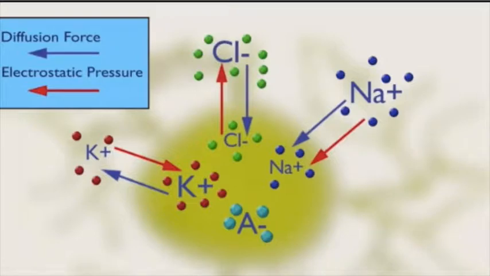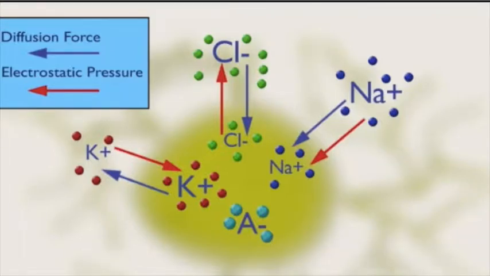As you can probably guess, sodium and potassium are positively charged ions, or cations, and chloride is a negatively charged ion, or anion. There are also large organic anions, A-, which are negatively charged, located inside the neuron. The forces of diffusion and electrostatic pressure act on these ions.